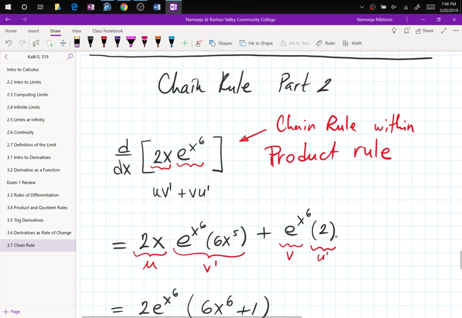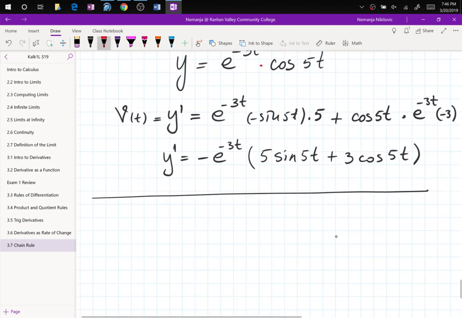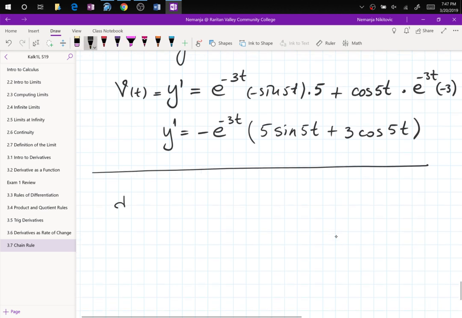Let's do another one. So we did these two products. How about the derivative of x cubed sine x to the 9th power?